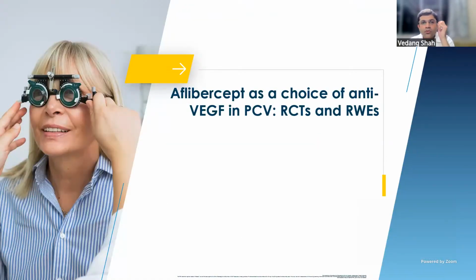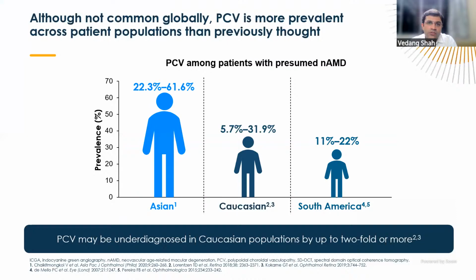Now, if we are to look at aflibercept as a choice of anti-VEGF in PCV, it is equally good and equally efficient, and it is important to understand that aflibercept works really well in patients with PCV. PCV is mostly seen in the Asian population, almost 22.3 to 60% of patients in the Asian population have PCV.